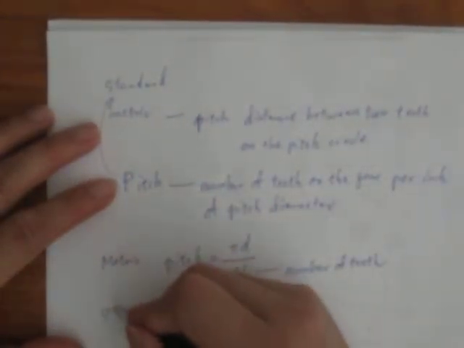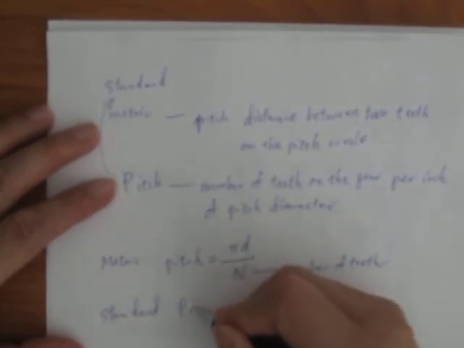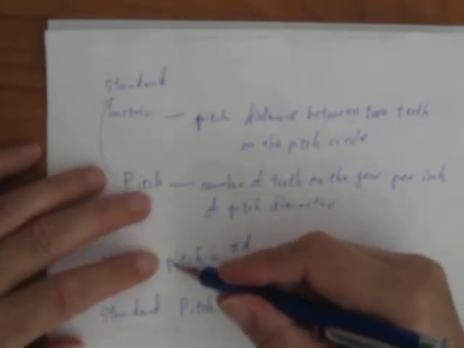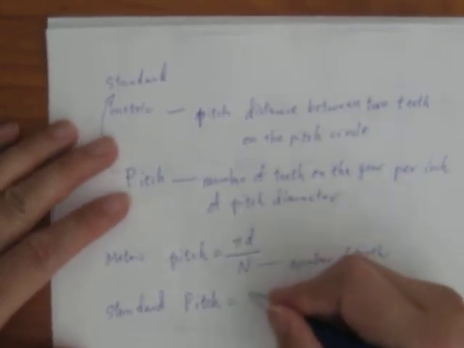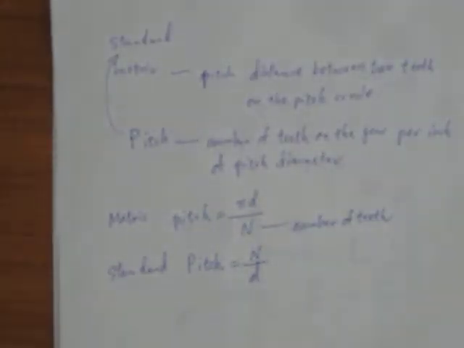Standard inch system, pitch, you'll see I use capital P here, use a lowercase p here. This is equal to N divided by D. Okay, that's the diameter. So that's a difference. That makes things really complex, isn't it? We're going to have a lot of formulas here. And so this is one here.